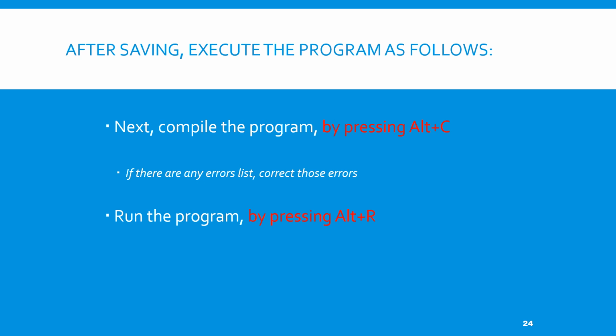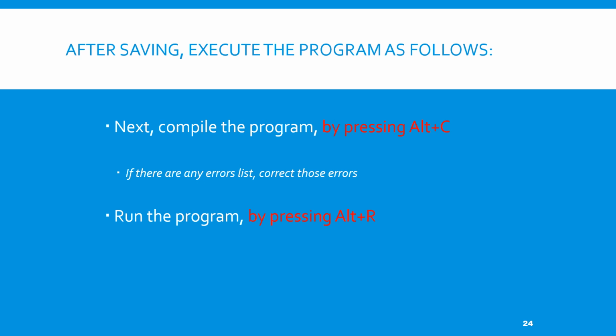Then for compiling the program, you can press Alt plus C keys together, and if there are any errors, they will be reported after compilation. If any errors are encountered, they must be corrected in the program. For example, if some semicolon or the closing of the double quote is missing, that will be shown as an error.